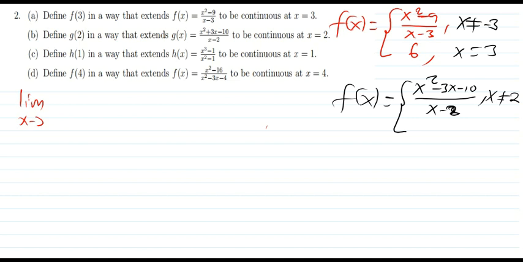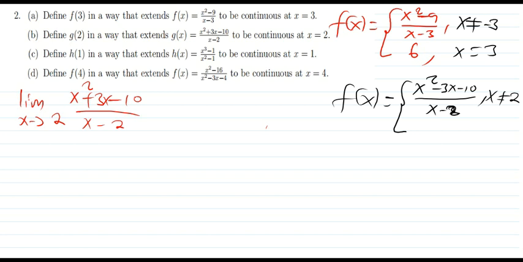Limit as x is approaching 2 of the function x squared plus 3x minus 10, everything divided by x minus 2. If I plug in 2 directly, I'm going to get 0 over 0. To avoid that situation, I can clearly see that the numerator is a quadratic expression.